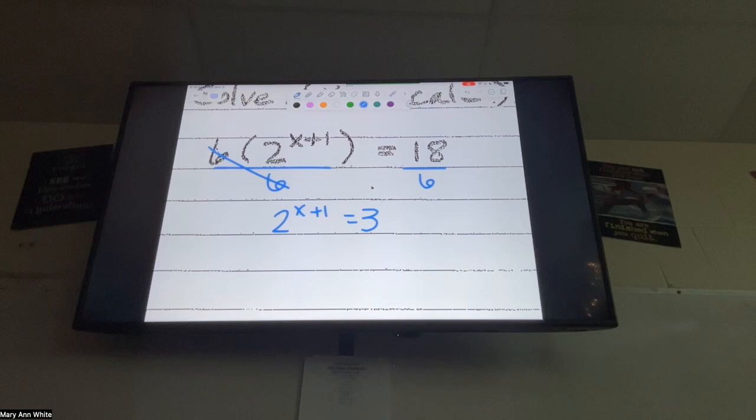Up to today, that number would be a number that we could rewrite as 2 raised to some power, right? 3, that's 2 to what power? Can we do 2 to some power equals 3? No. So instead, what we have to do is now we're going to log roll, okay? So I'm going to go log base 2 of 3 equals x plus 1.